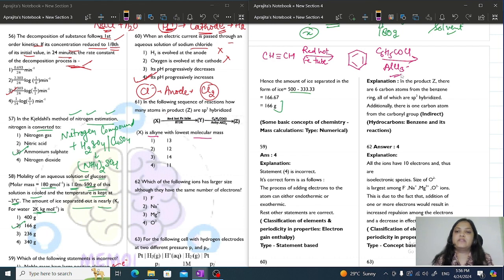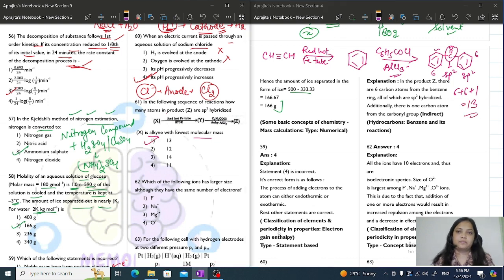So Friedel-Crafts acylation will happen and we will get this product, which is called benzophenone. Now you know that there are two benzene rings in this case, so each carbon is sp2 hybridized. So we have 6 here, 6 here, 6 plus 6, 12, plus this carbonyl carbon is also sp2 hybridized. So 6 plus 6 plus 1, it means 13 would be the answer. It's option A.